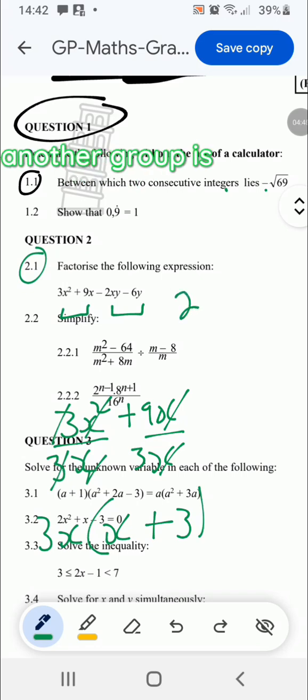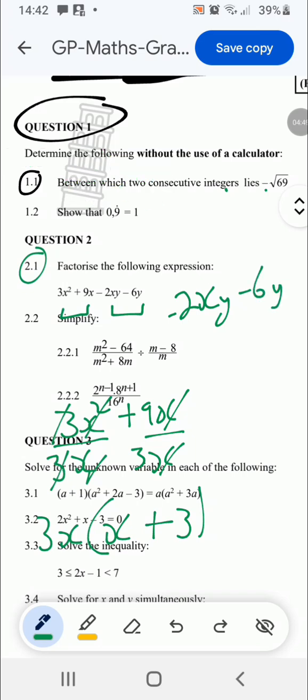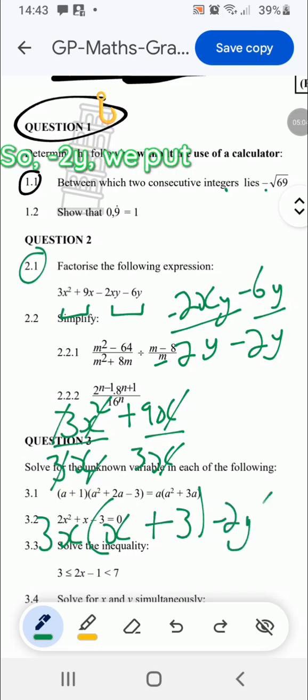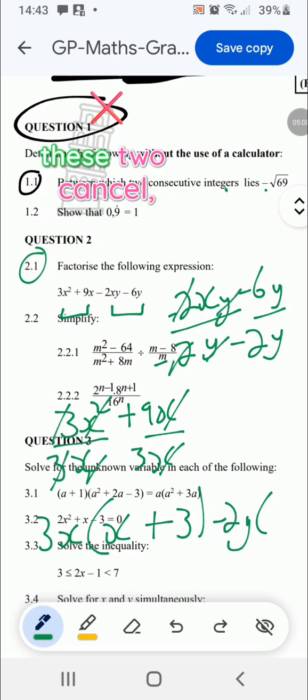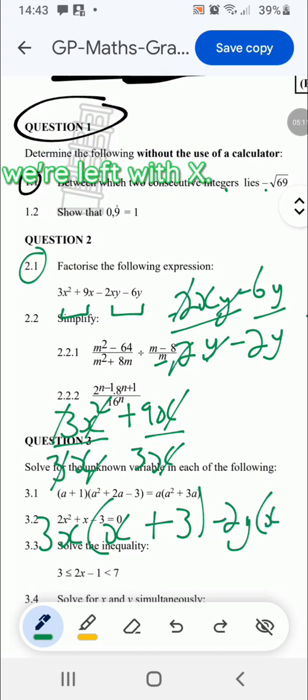Now another group is minus 2xy minus 6y. Do we have the common factor here? Of course we do. It's y and y. And also 2 and 2, not just 2 but minus. So minus 2y, we put it outside. These two cancel. These two cancel. We are left with x.